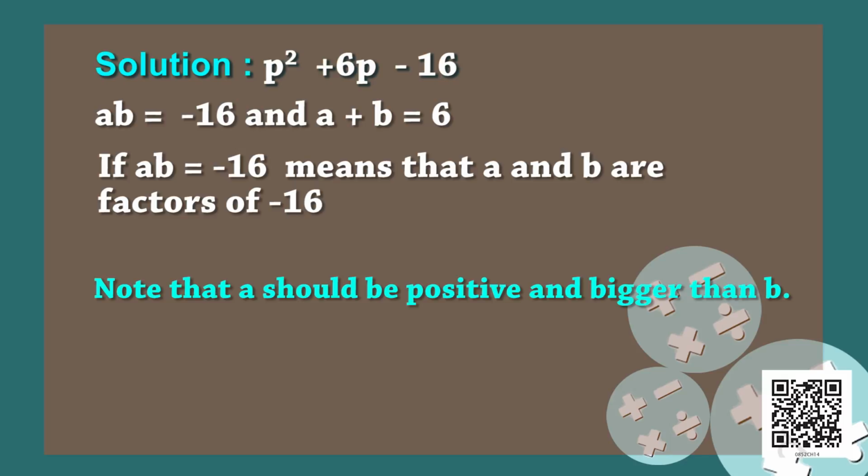Note that a should be positive and bigger than b, then only a plus b can be a positive number. So, let us try a is equal to 16 and b is equal to minus 1. Then a into b is equal to 16 into minus 1, that is minus 16, okay, but a plus b, that is 16 plus minus 1, is equal to 15, which is not right.